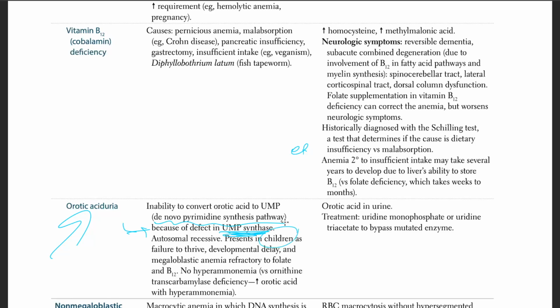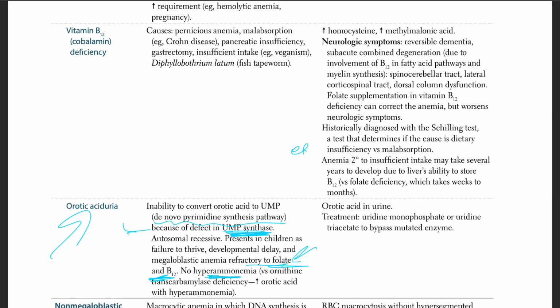It presents in children as failure to thrive, developmental delay, and megaloblastic anemia refractory to folate and B12. So you have a child who has a megaloblastic anemia. You give folate and vitamin B12, and if nothing is working out, it's because you have the enzyme which is deficient, it's not the folate and B12 that are deficient.